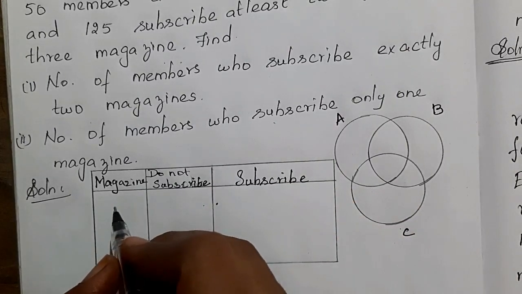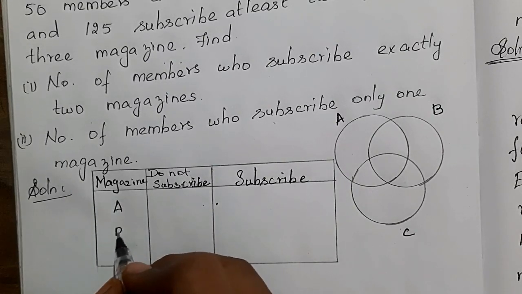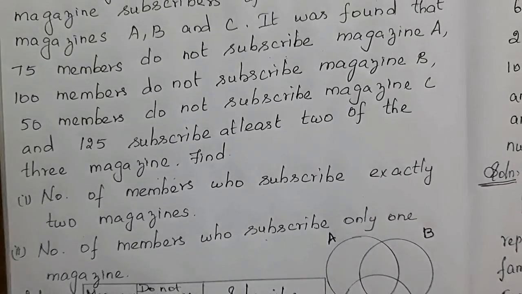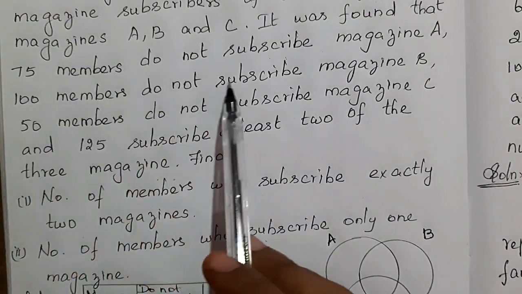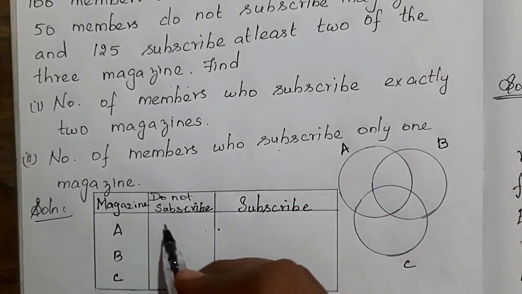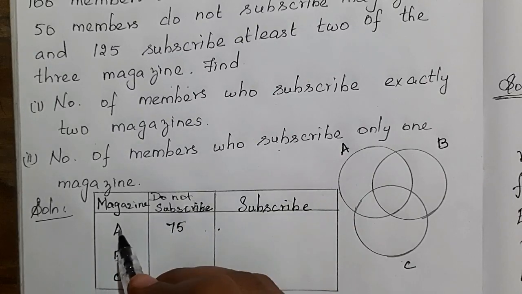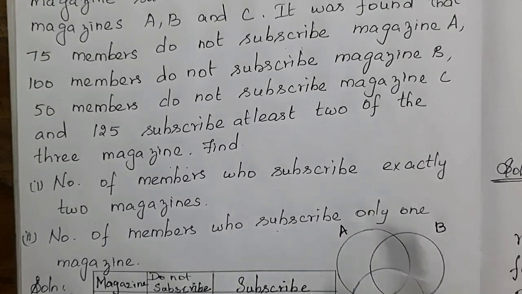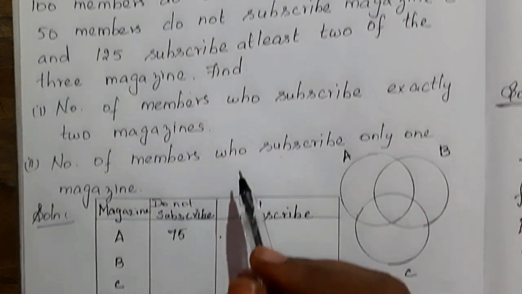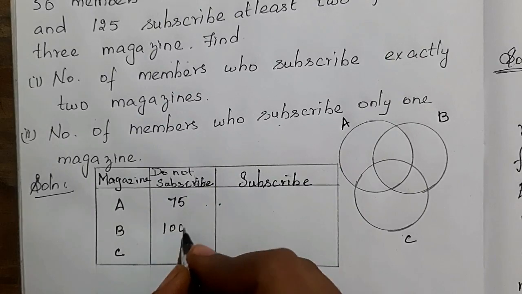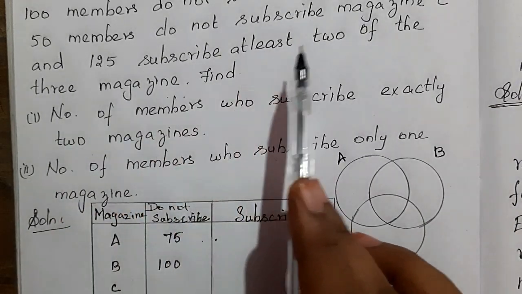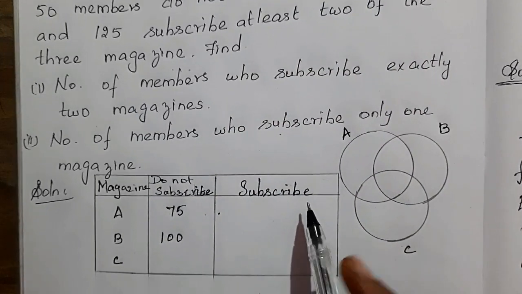The magazines are given as A, B, C. So in this question, 75 members do not subscribe to magazine A. So this column is do not subscribe, and 75 of them do not subscribe to A. Next sentence, 100 members do not subscribe to magazine B, so 100 for B. Then 50 members do not subscribe to magazine C, so here 50.